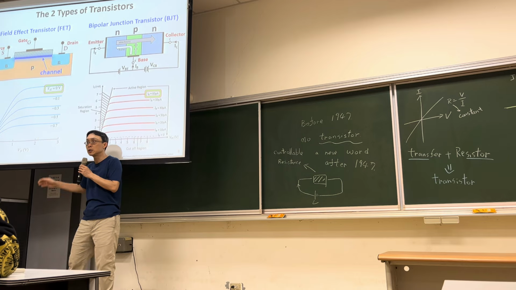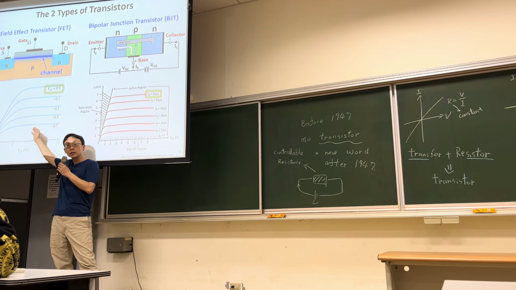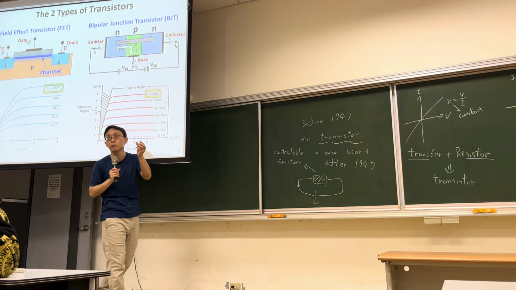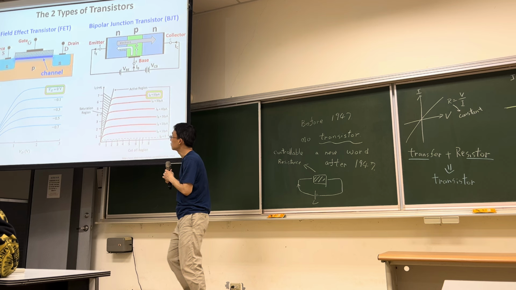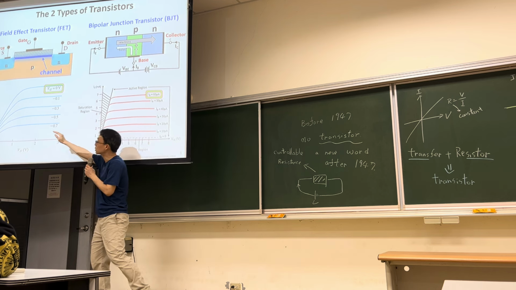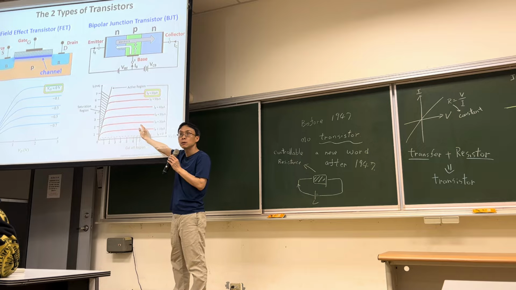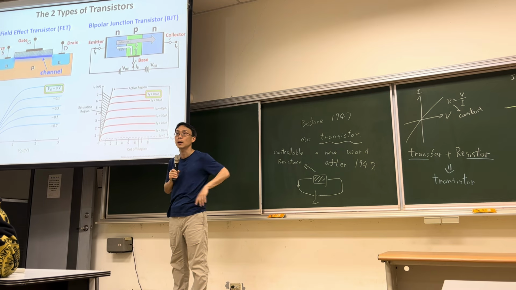But the key issue with the FET is cost, because it takes a lot of money to make it small. So this one is faster but more expensive. The BJT is cheaper but slower in response.